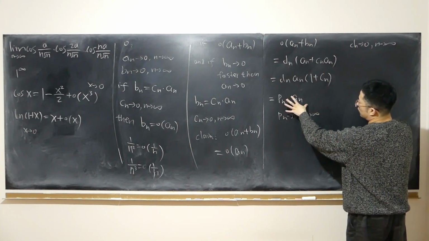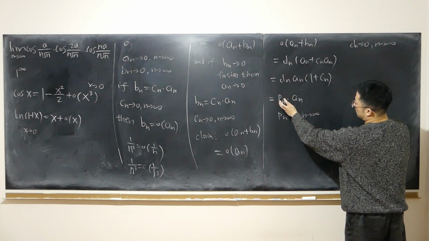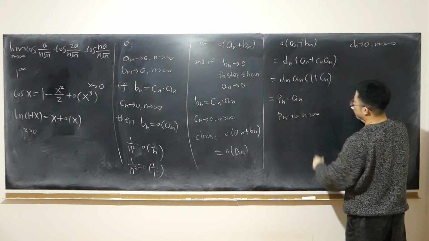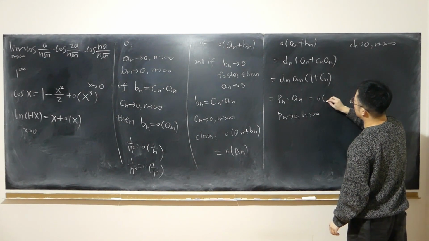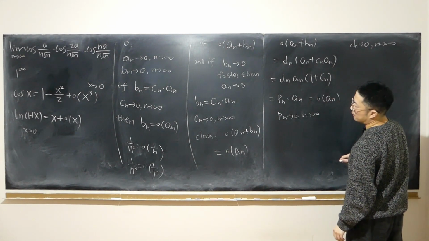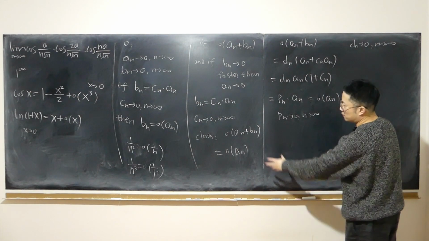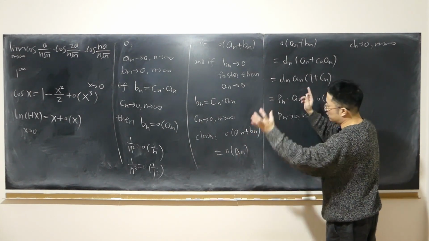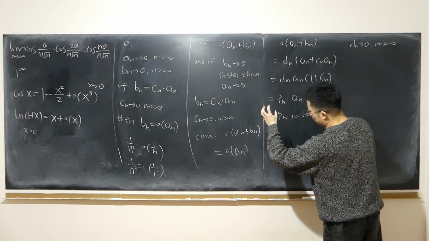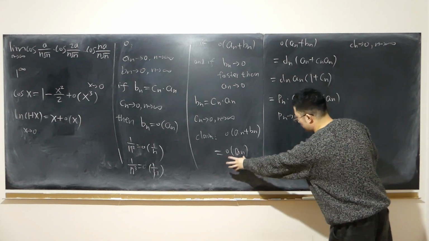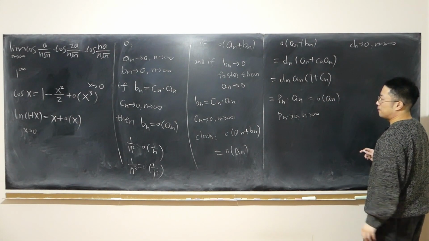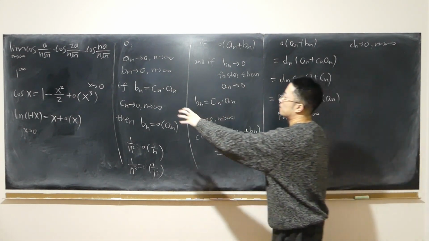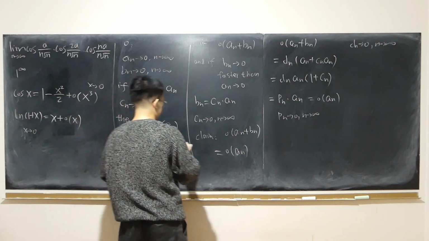So according to the definition, it can be written as some sequence approaching 0 times an, meaning it is little o of an. So even if we have more terms, we can just get rid of all the other faster terms, leaving only little o of the slowest guy. That's always true. I'm going to use this fact for this expansion.